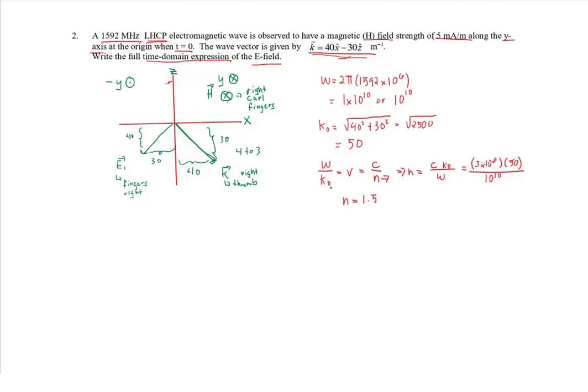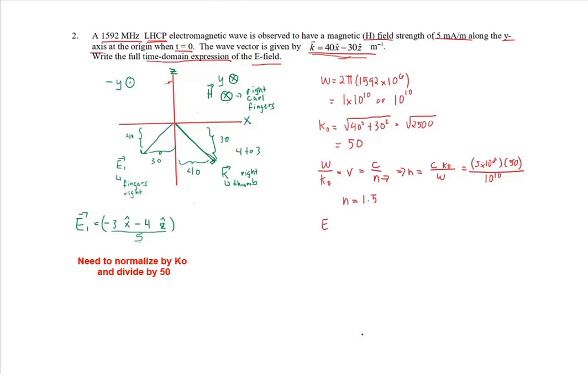So our direction for E1 at t equals 0 is going to be negative 30 x hat negative 40 z hat. I'm sorry. Right? Now that we have our direction, we could figure out our magnitude.